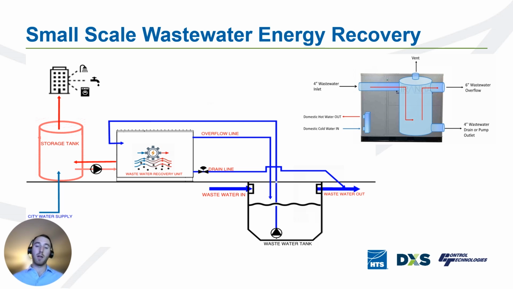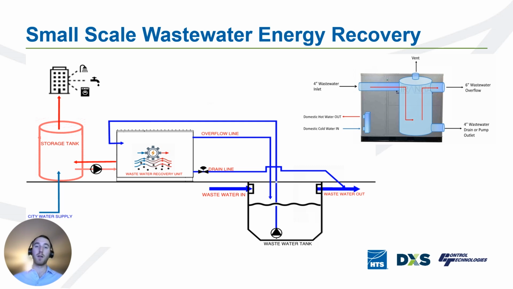And then on the other end, we're going to be taking wastewater from our wastewater holding tank and we're going to put it into our evaporator tank and we're going to extract energy from there, put the energy extracted through the refrigeration cycle, and we're going to inject that energy into city water and heat up domestic hot water, send it back to our domestic hot water tank, and then that can be used for hot water throughout the building. With this, you're able to offset anywhere from 30 to 100% of your domestic hot water load, depending on your building profile.